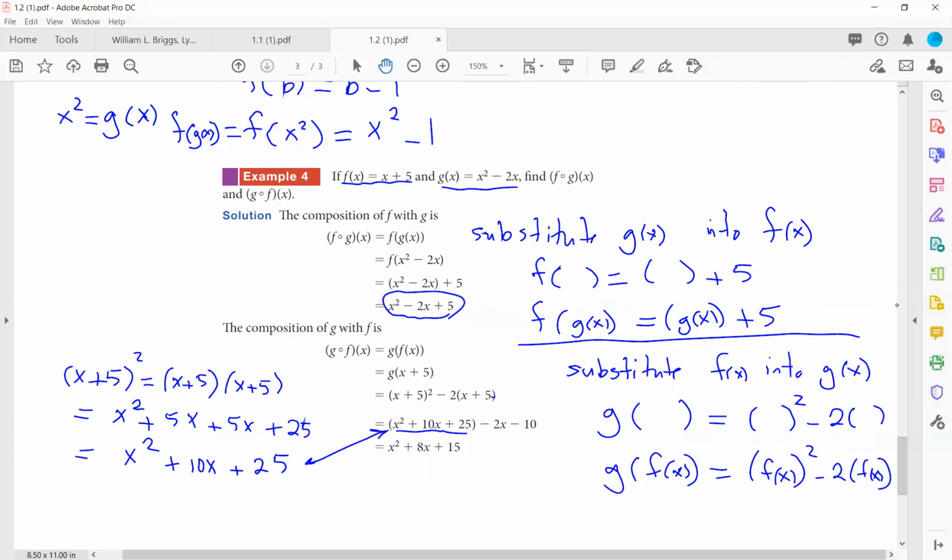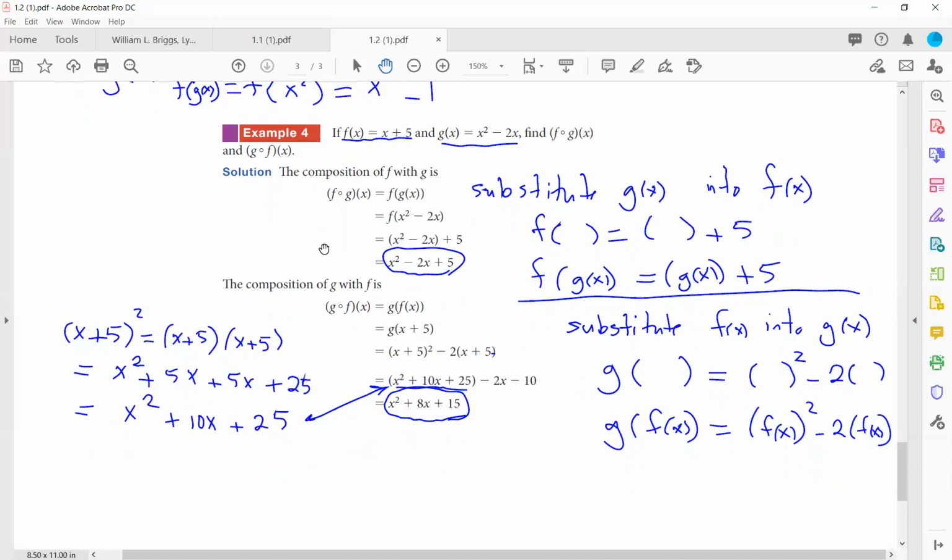Then you have -2 in front of parentheses x plus 5, so we distribute -2: -2x minus 10. We're looking for like terms: 10x and -2x give 8x. 25 minus 10 is 15, and x squared is the only quadratic term. You leave it as it is. So the composition of g and f is x squared plus 8x plus 15.